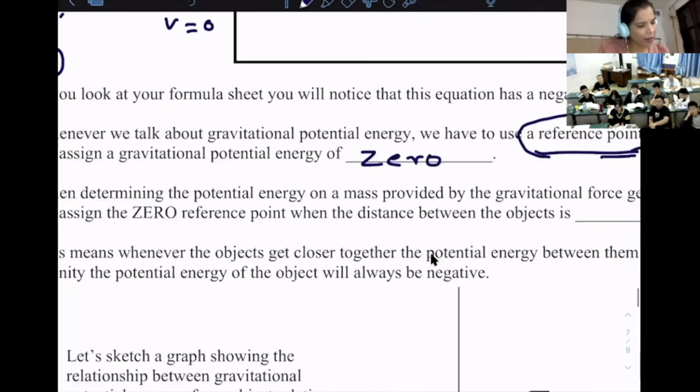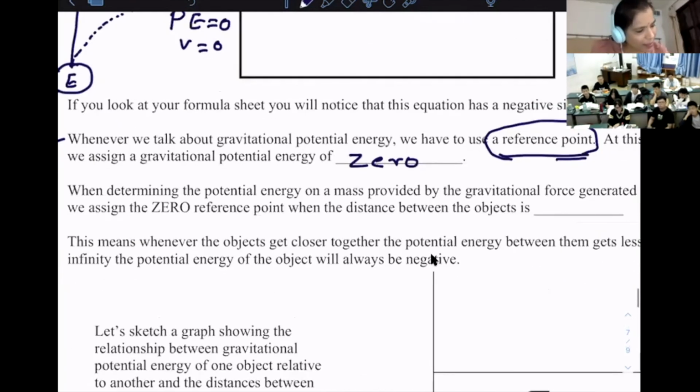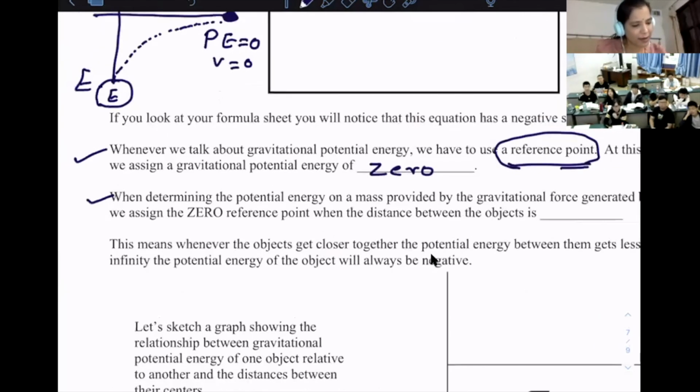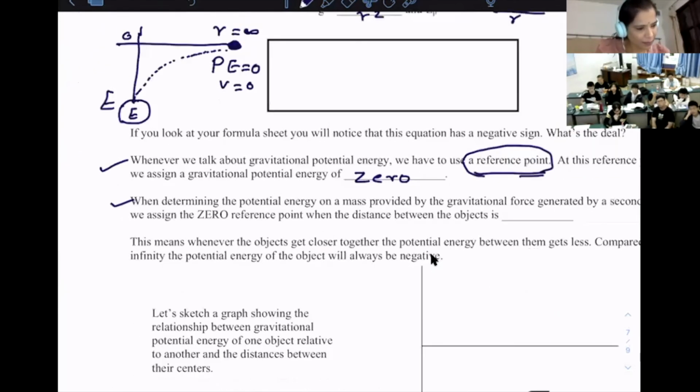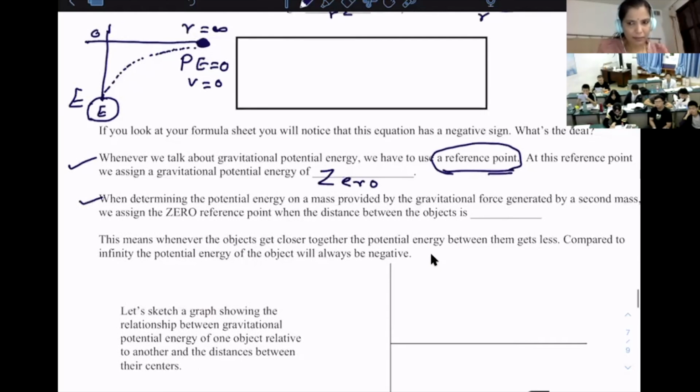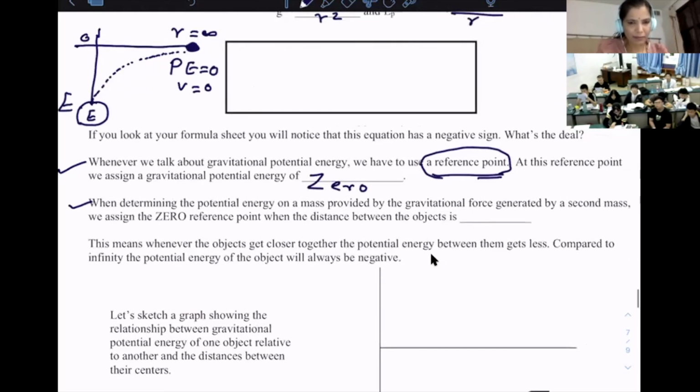Okay. Jerome, can you please help us read this second statement and fill out the answer here? When determining the potential energy on a mass provided by the gravitational force generated by a second mass, we assign a 0 reference point when the distance between objects is... Where is the object?